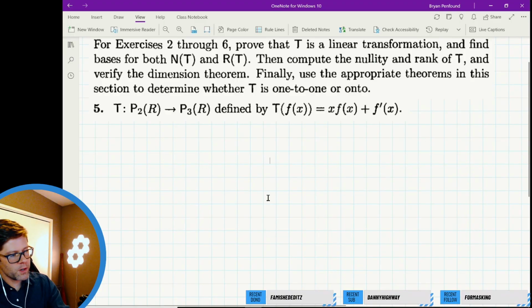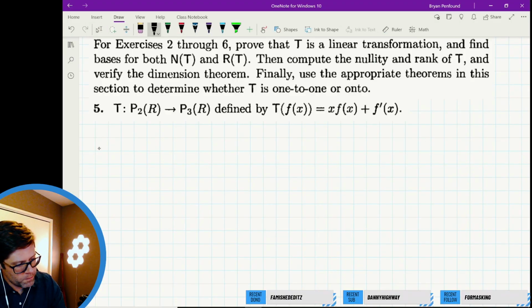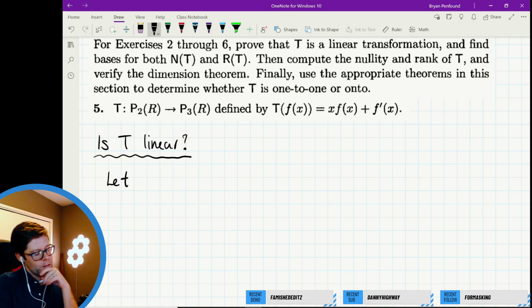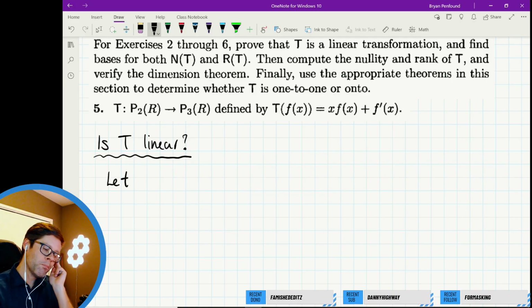So first things first, we're going to prove that it's a linear transformation. So we have a transformation from polynomials of degree no more than 2 to polynomials of no more than degree 3 with coefficients over the real numbers.